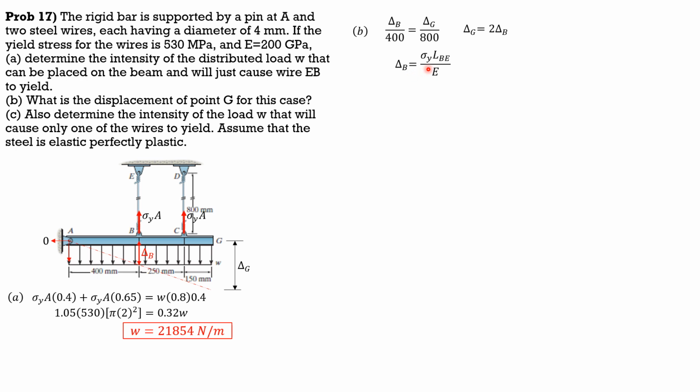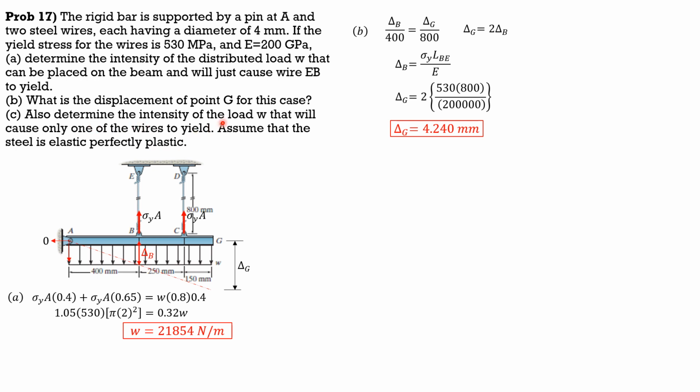So delta B is stress in B, which is sigma y, times length of BE over E. Therefore, delta G is 2 times that. So 2 times sigma y 530, times 800 mm over 200,000 megapascals. So delta G can now be computed in mm. Delta G is 4.240 mm.